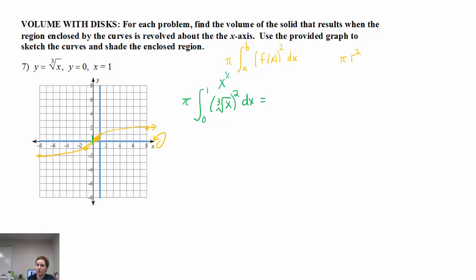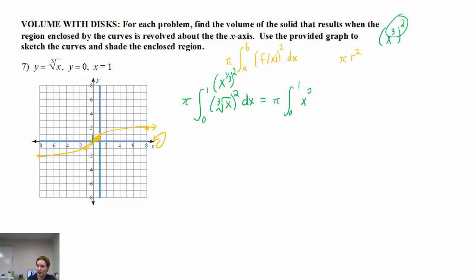The cube root of x is a 1/3 power. And when I square something, I actually multiply the exponents together. Like if you do x to the third squared, you have x to the third twice, which is x to the 6th. You're multiplying these together. Same thing happens here. X to the 1/3 squared is x to the 2/3.